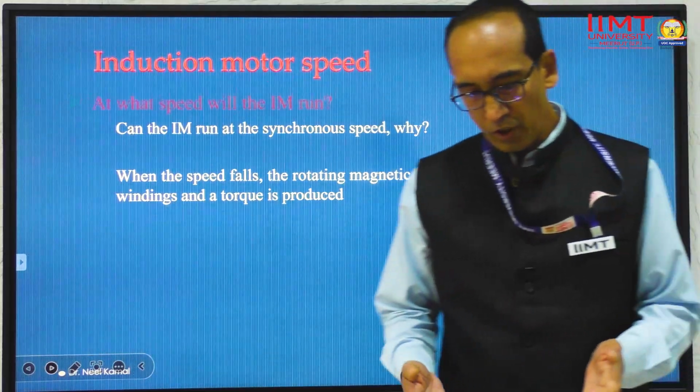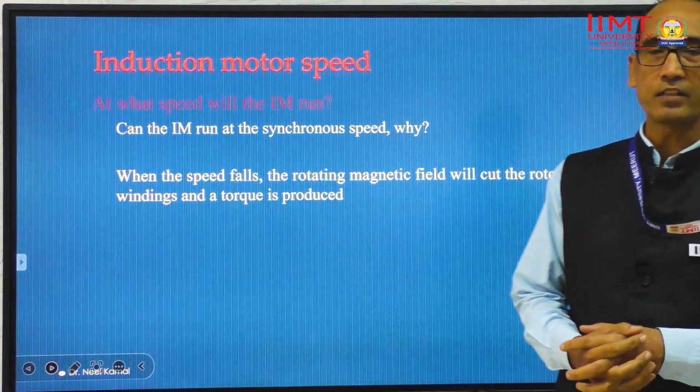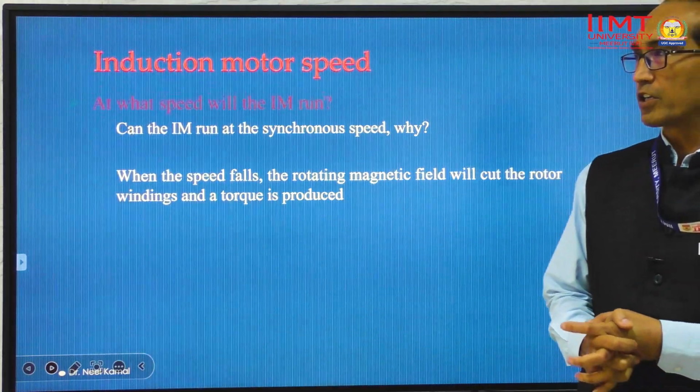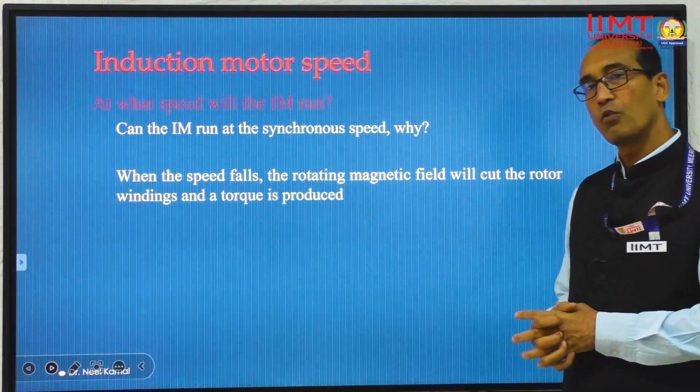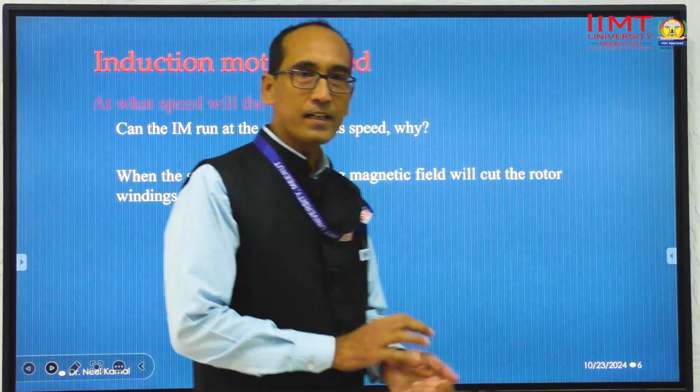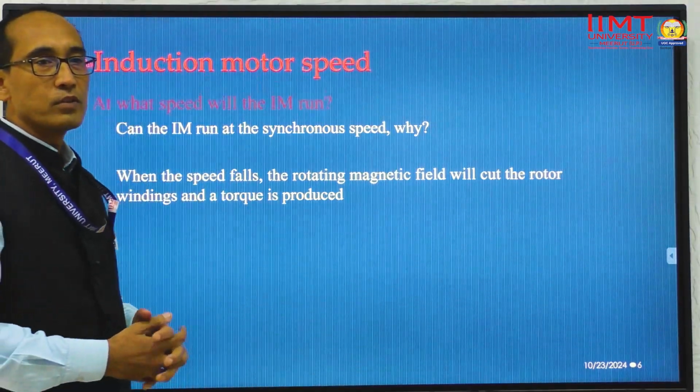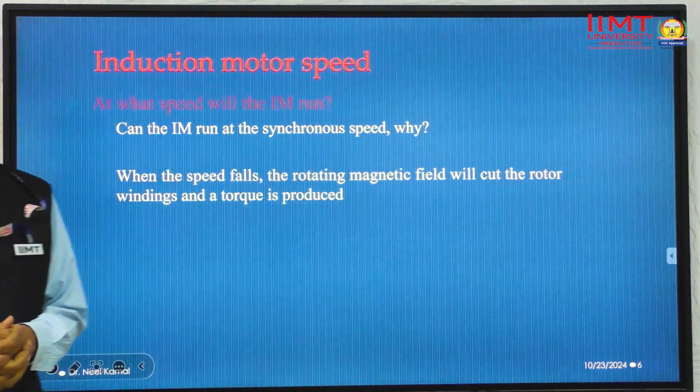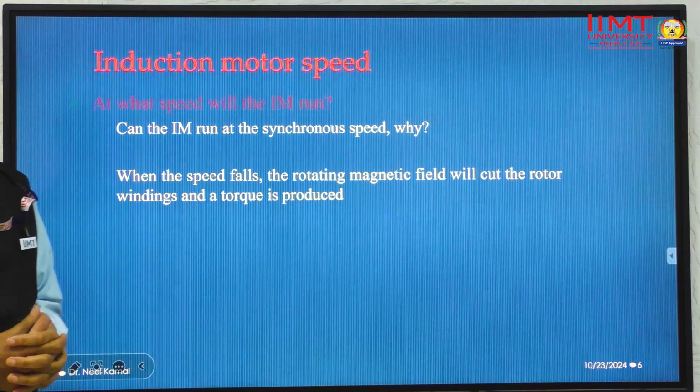Depending upon the number of poles in the three-phase induction motor, we have the rotor speed, but the actual speed of the three-phase induction motor will be lesser than the speed of the rotating magnetic field, or synchronous speed.